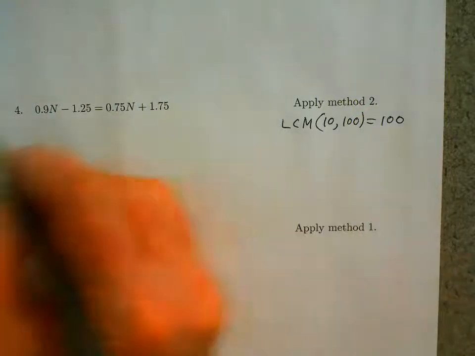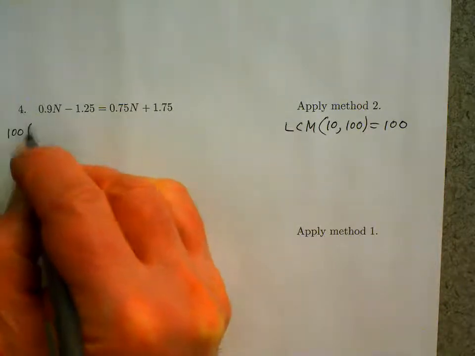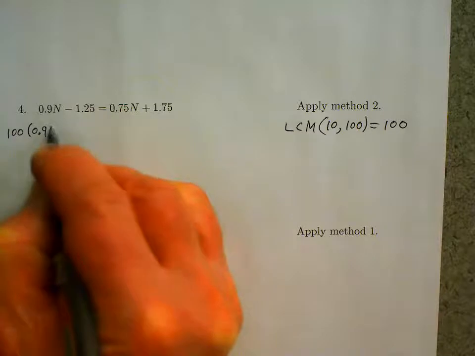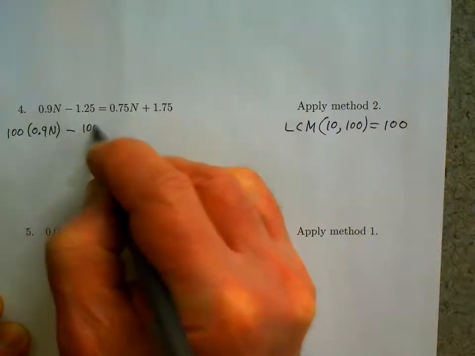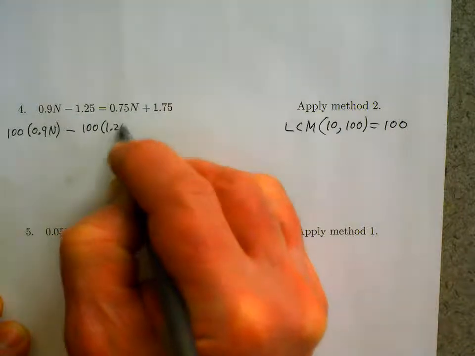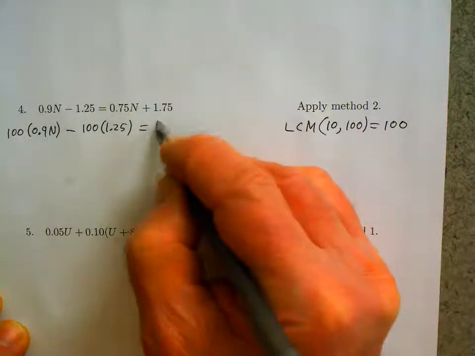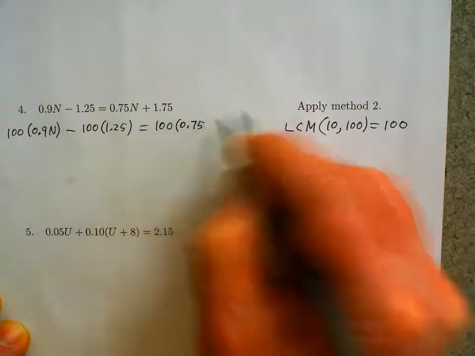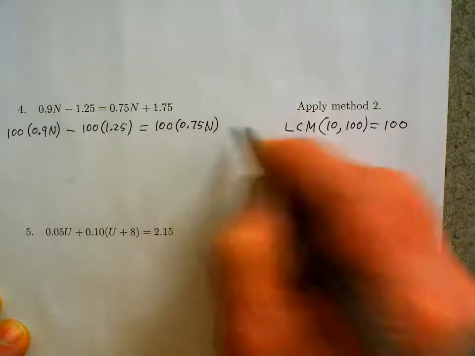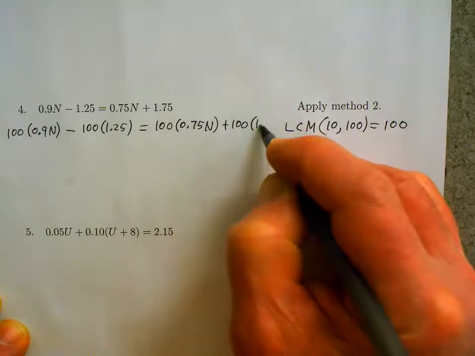Okay, so I'll write this out in a little bit of detail. 100 times 0.9n minus 100 times 1.25. On the right-hand side, 100 times 0.75n, and then plus 100 times 1.75.